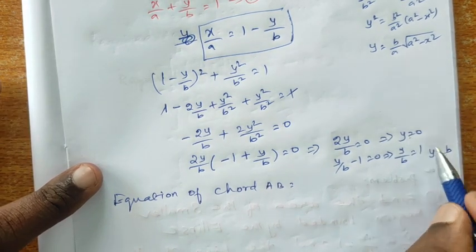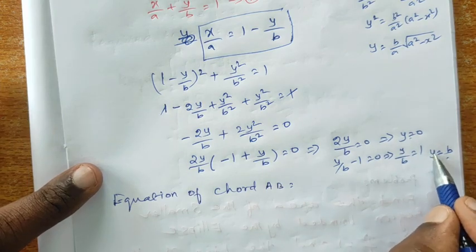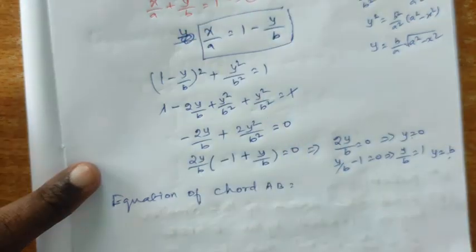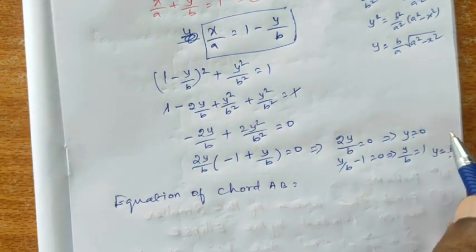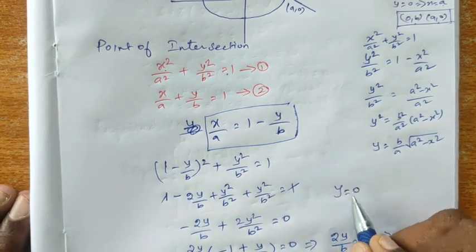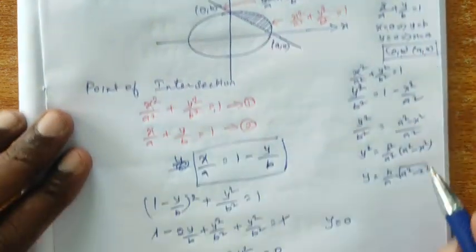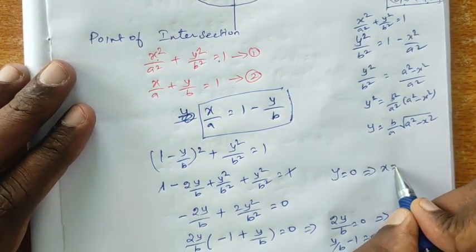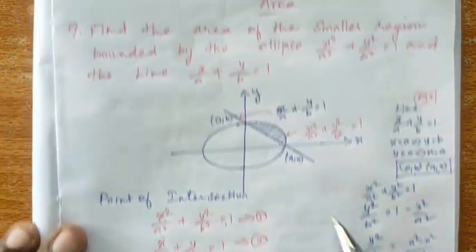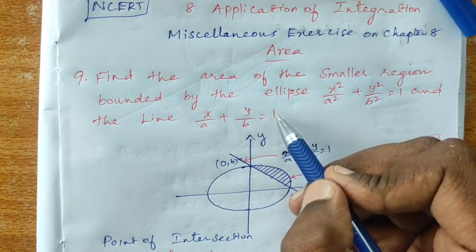So y is equal to 0 and y is equal to b are the values of y where the curve and line intersect. So now we have to find the value of x. If you substitute y is equal to 0, what happens? Then x by a is equal to 1, x is equal to a. If you substitute y is equal to b, x by a plus b by b is equal to 1.